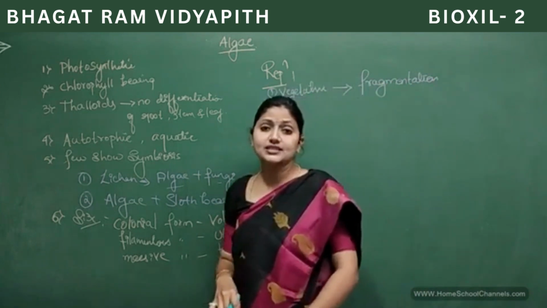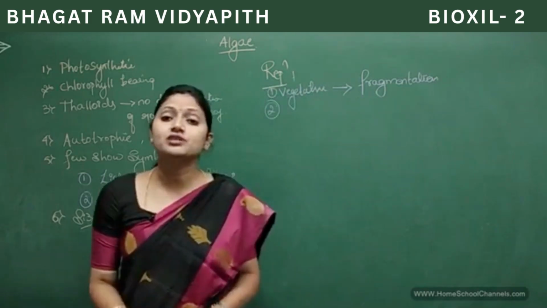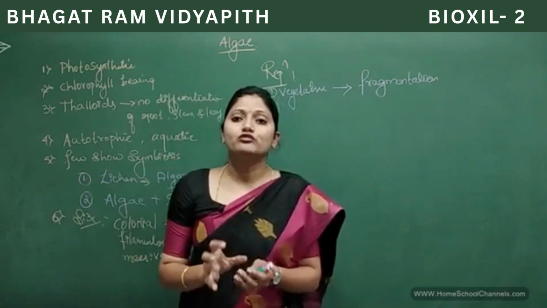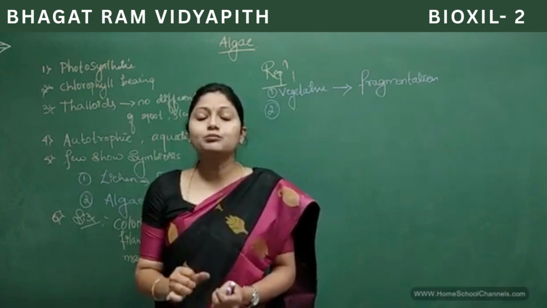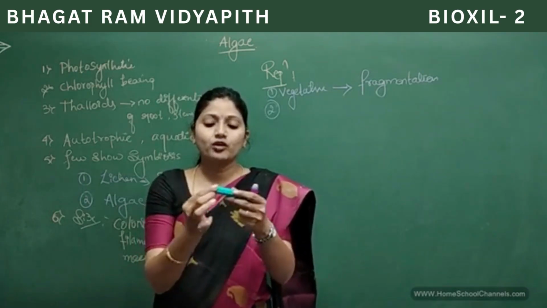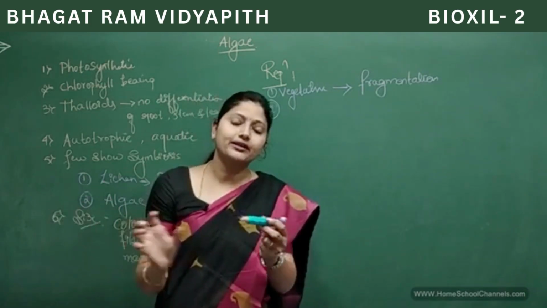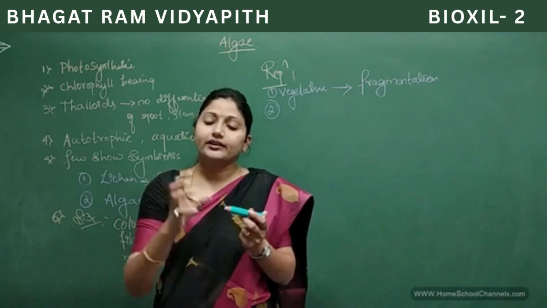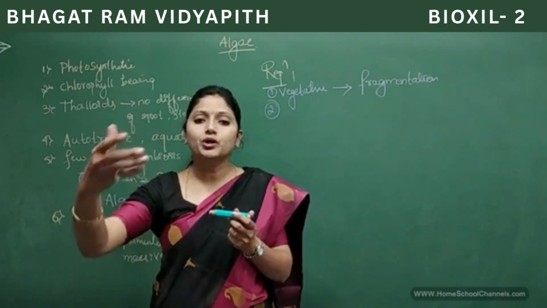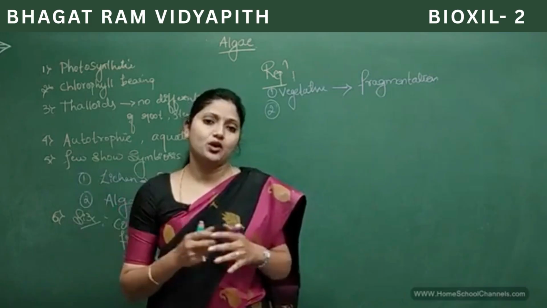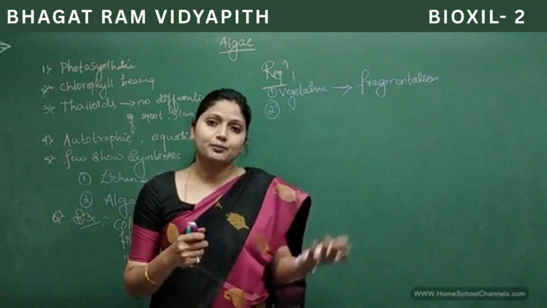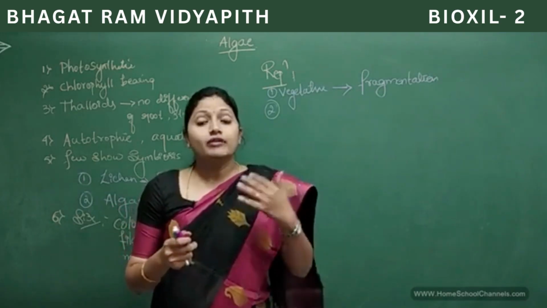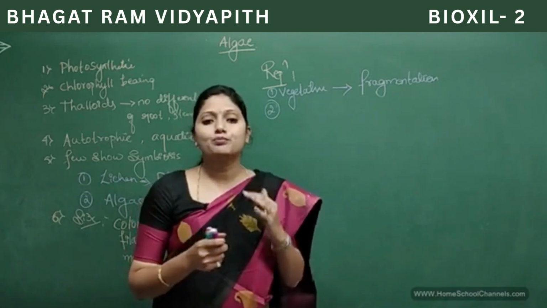We have already discussed what fragmentation is many times. From the algal body, a small part gets separated or detached, and that detached part can grow into a new organism. That is called fragmentation, which comes under vegetative reproduction.